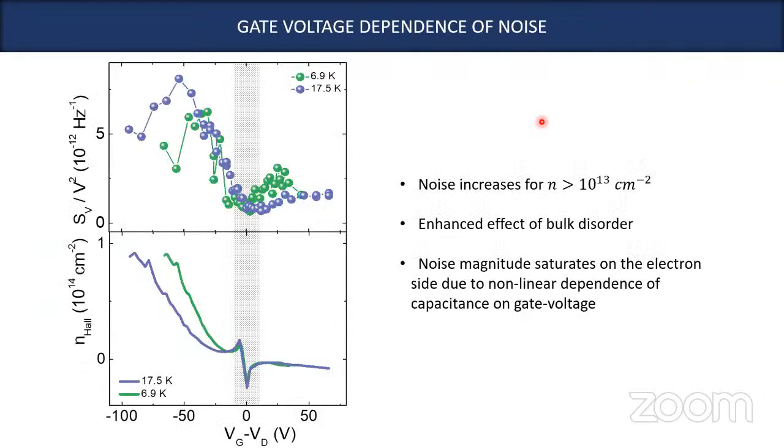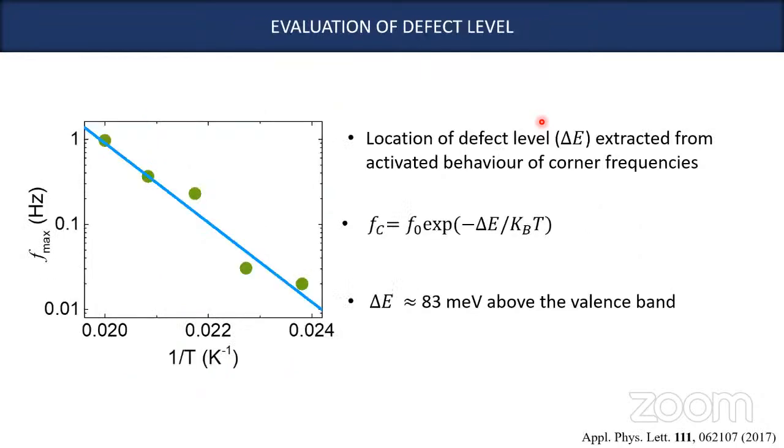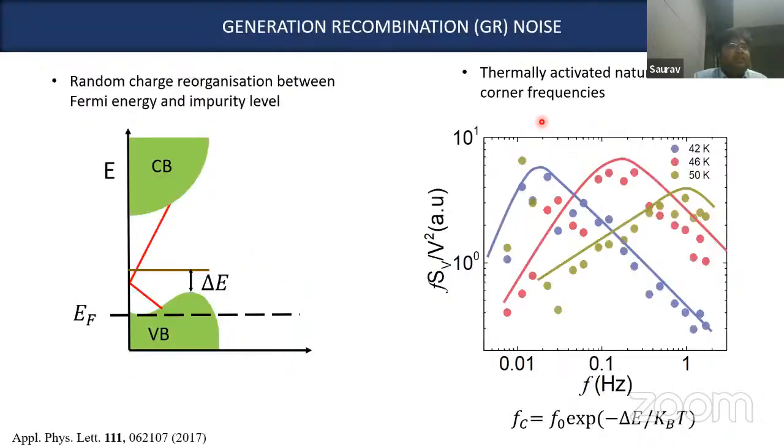Now I ask a question here. What does this shift of the corner frequency tell you? It just tells us that it is activated in nature. The temperature dependence tells us that it is thermally activated.